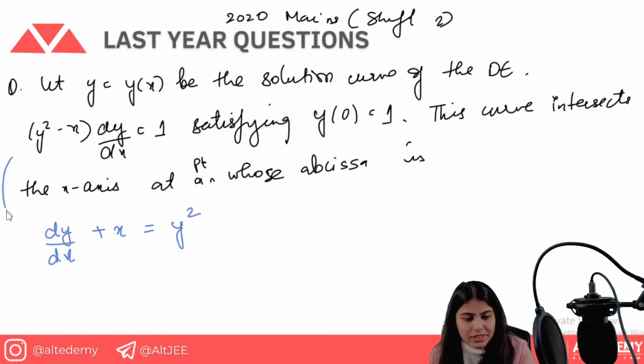This is the standard form, because it is written in the form of y square minus x, and then you can transpose it to get this equation.